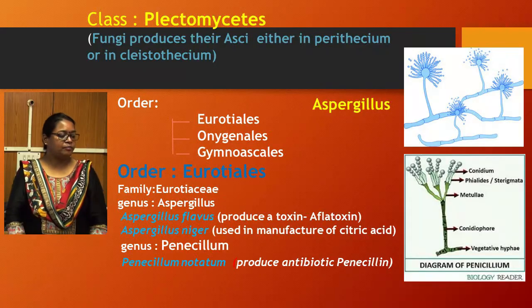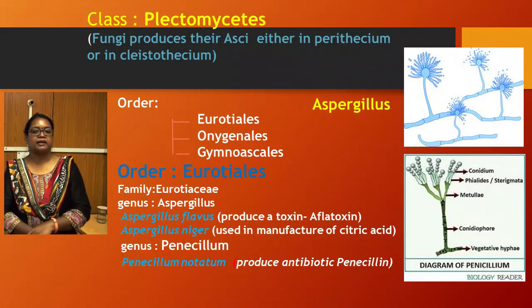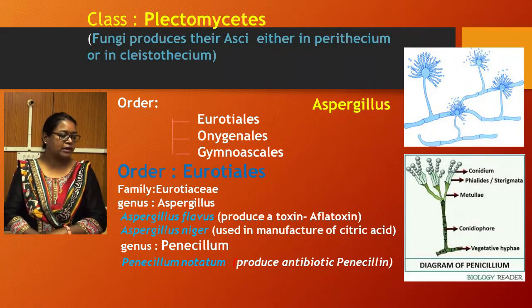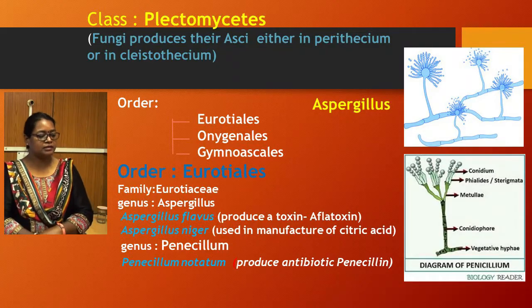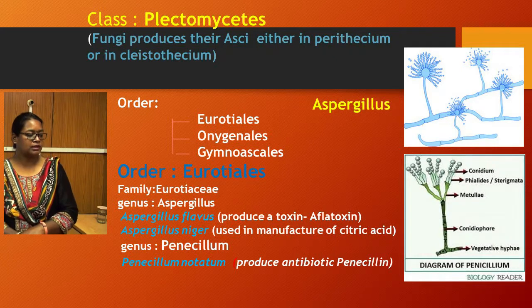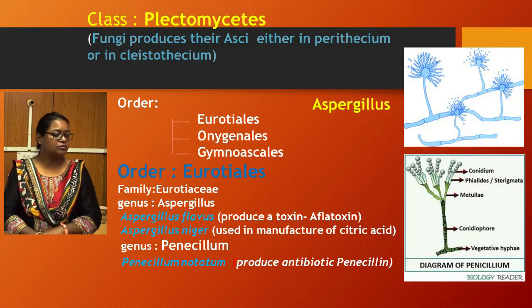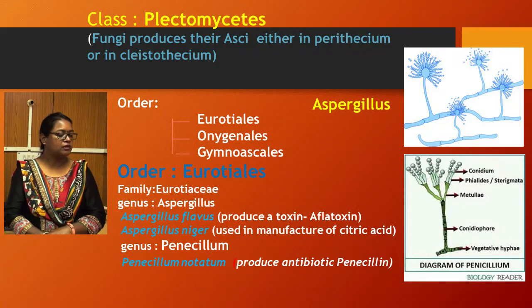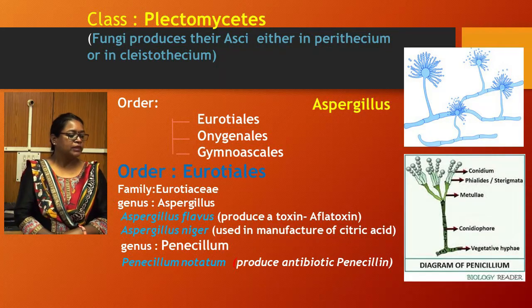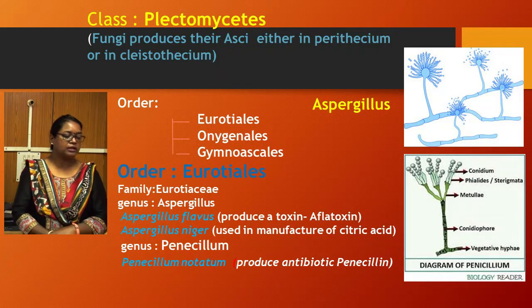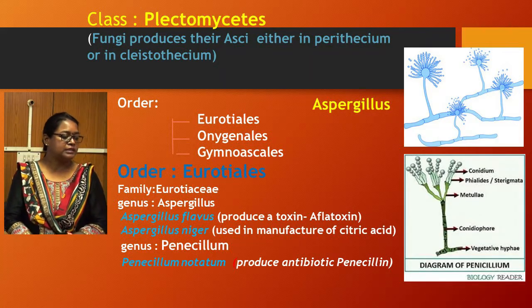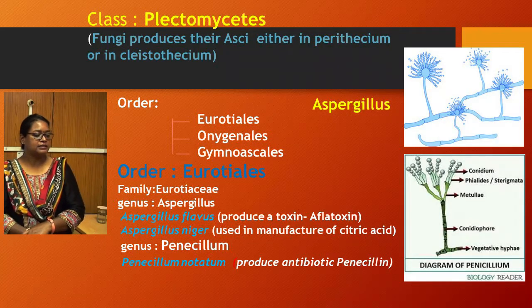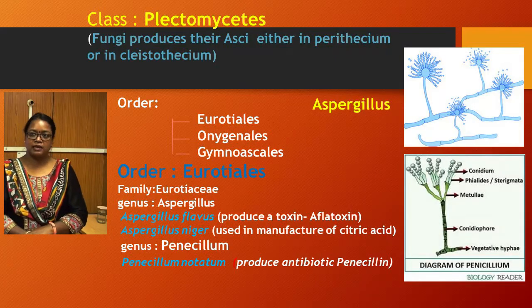The next class is Plectomycetes. Fungi in the class Plectomycetes produce their asci either in perithecium or cleistothecium. They have 3 important orders. The first order is Eurotiales, then Onygenales and Gymnoascales.